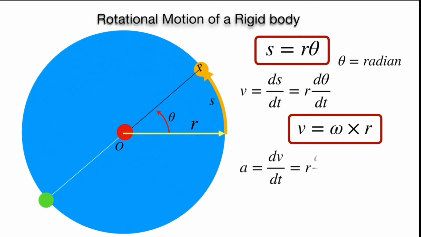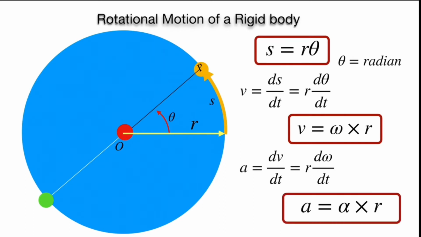What about the acceleration, or linear acceleration, of this particle P? This is the derivative of V with respect to time. And here we get A equal to alpha cross R. Alpha is the angular acceleration of point P or the reference line OP.